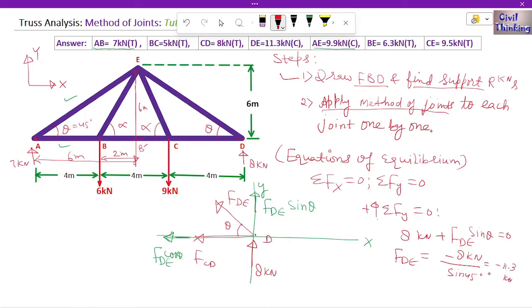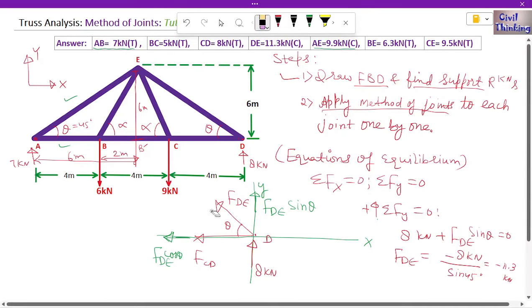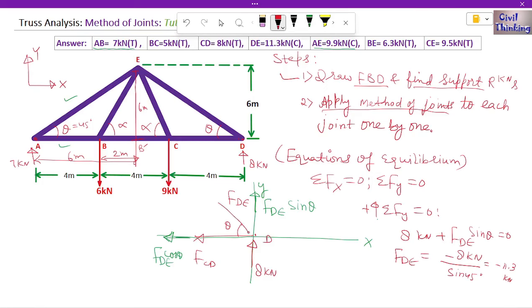It means it is 11.3 but compression. Negative means our assumption that FDE was tensile is wrong, and the force is actually compression. We show a compressive force in a member by drawing the arrow towards the joint. So FDE is 11.3 kilonewton C.